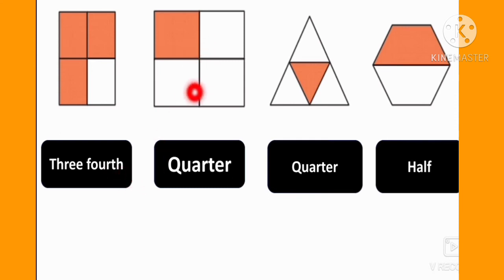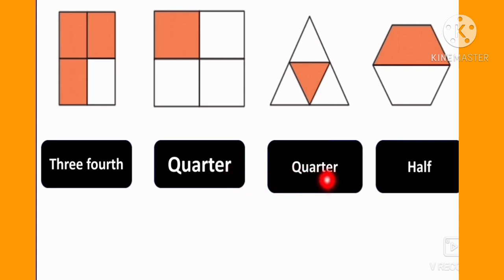And here in the second one, again a square is divided into 4 equal parts and only one part is shaded. So what is the fraction of shaded portion? Yes, it is 1/4. How can you say that? Yes, it is quarter. So quarter portion of a square is shaded.